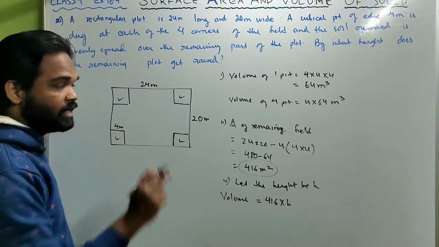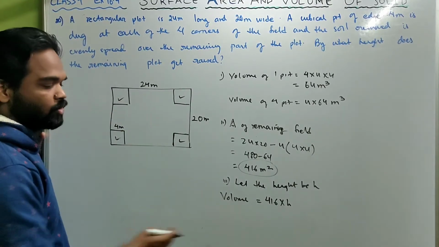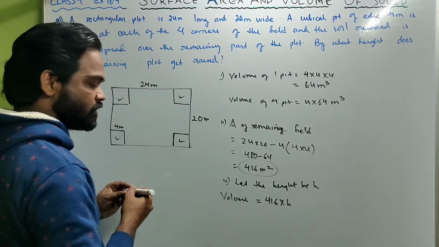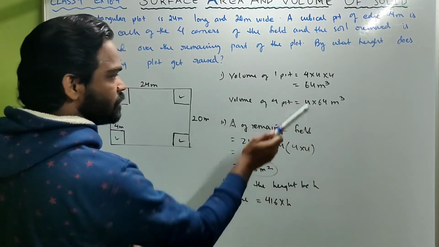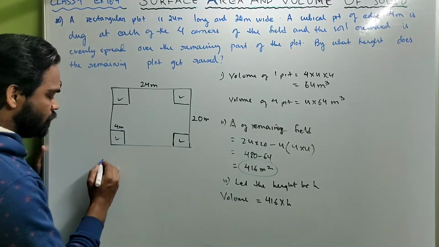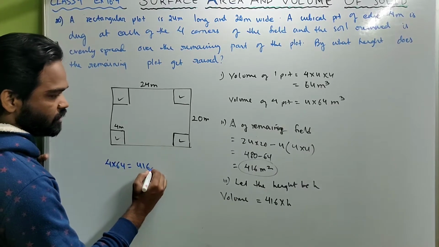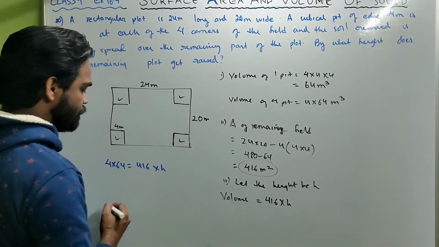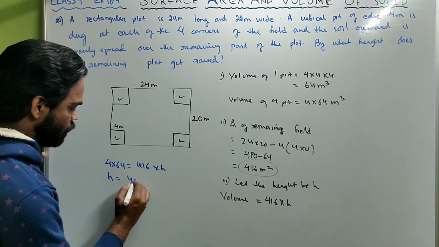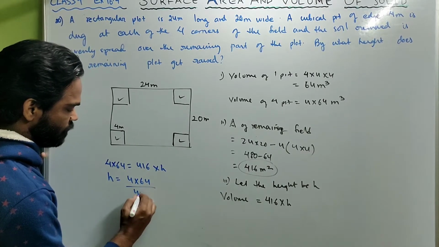Volume of the soil spread over the remaining portion is nothing but 416 into h. Now this volume and this volume has to be same, no doubt. So 4 into 64 is equal to 416 into h. So your h is 4 into 64 by 416.